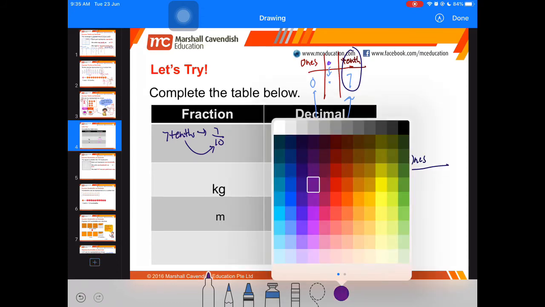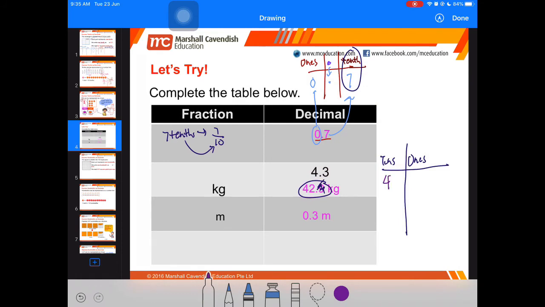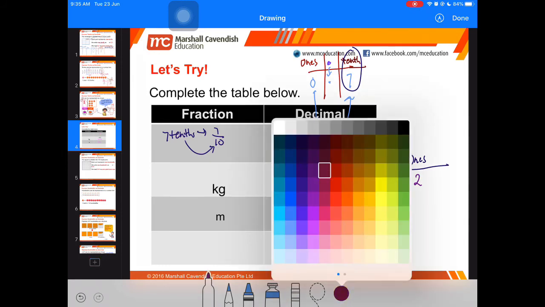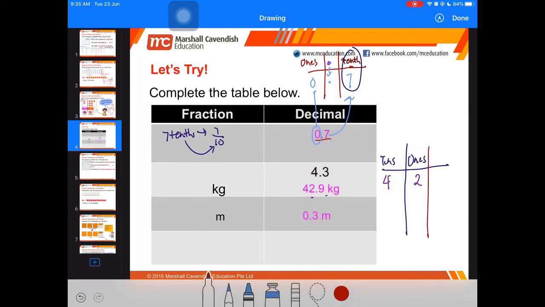And you should know 42 is 4 tens, 2 ones. Easy? Yes. So let's tackle the decimal now. I'm just going to draw the decimal point, which is very important. And what is the place value after the decimal point? Yes, you're correct, it's tenth.